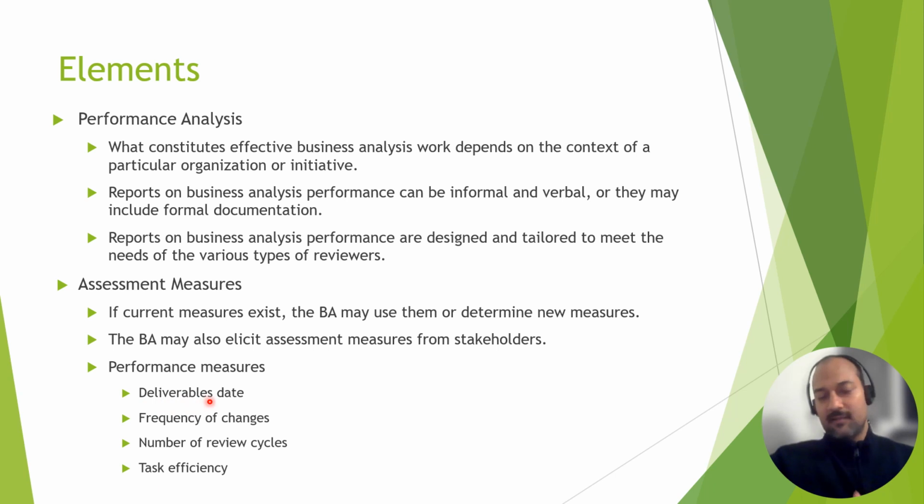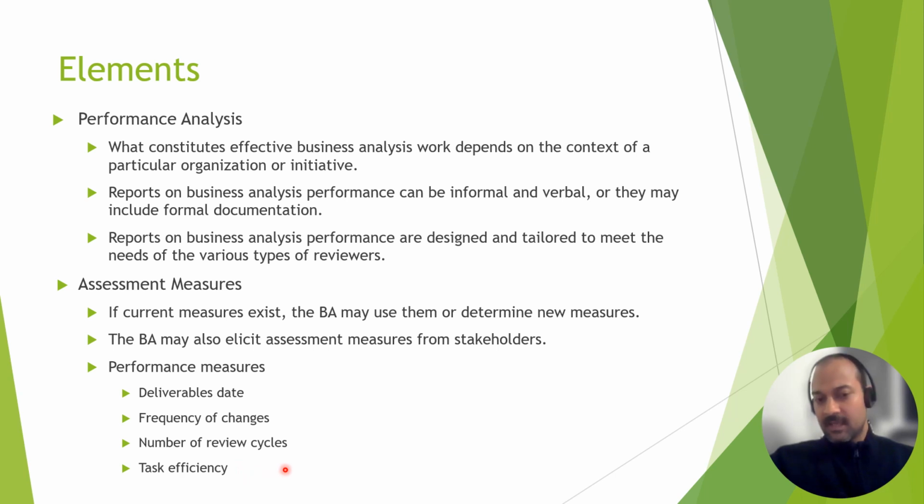These are the deliverable dates of the business analysis information that the business analyst has to produce. And the frequency of changes, like how frequently the business analyst is changing the information before reaching the final result. That is one of the measures: how many times the versioning has been done for that information.